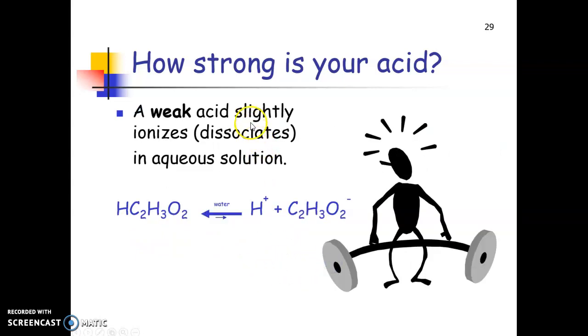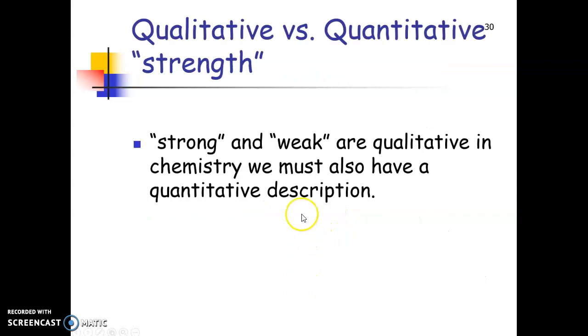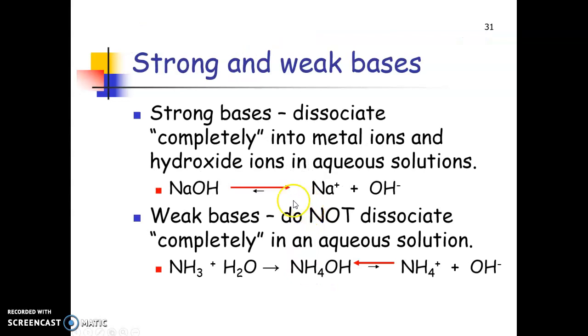Whereas a weak acid, like acetic acid, that's vinegar, might mostly stay together with the hydrogen attached to the acetate, and probably less than 5% of it would actually separate into hydrogen ions and acetate ions. Alright, so strong and weak are kind of qualitative terms. There's not a numerical value to them, but we will come up with a quantitative description for those and use that extensively in AP Chemistry.